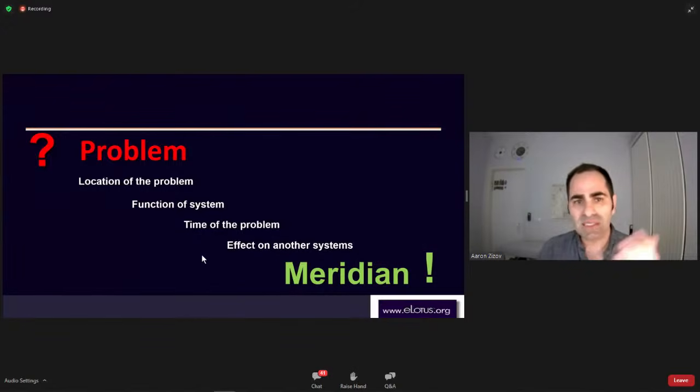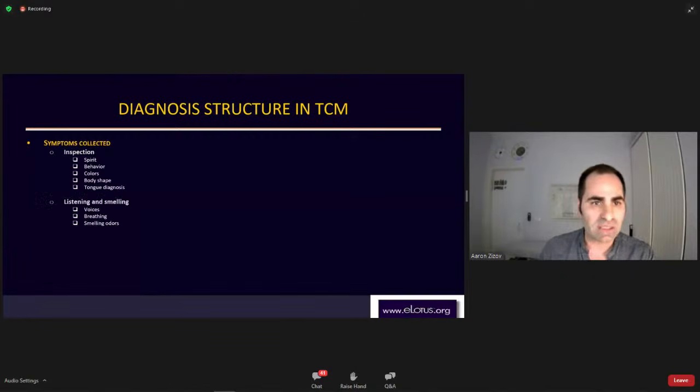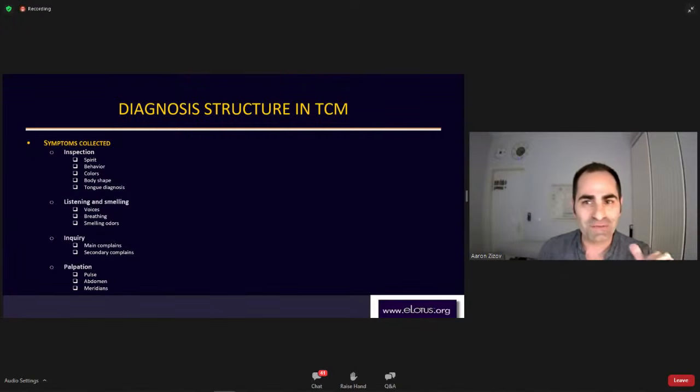It starts with the diagnosis, with all the symptoms that we collect from inspection, listening, smelling, inquiry, and palpation with the different variations. Sorry, I'm going to go fast on this for those who haven't been here yesterday, but again, it would take forever. So we collect the symptoms.